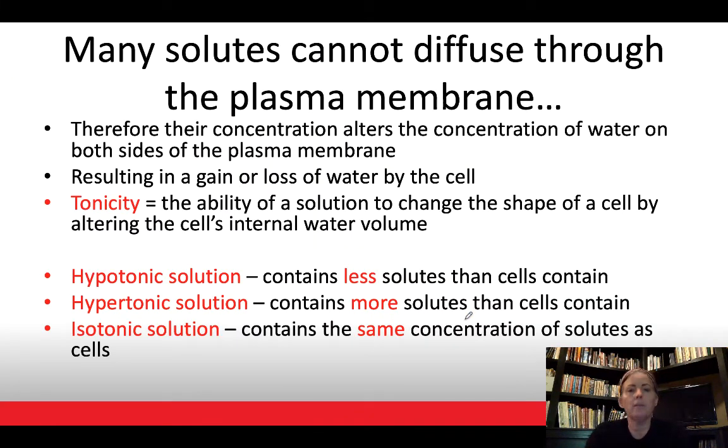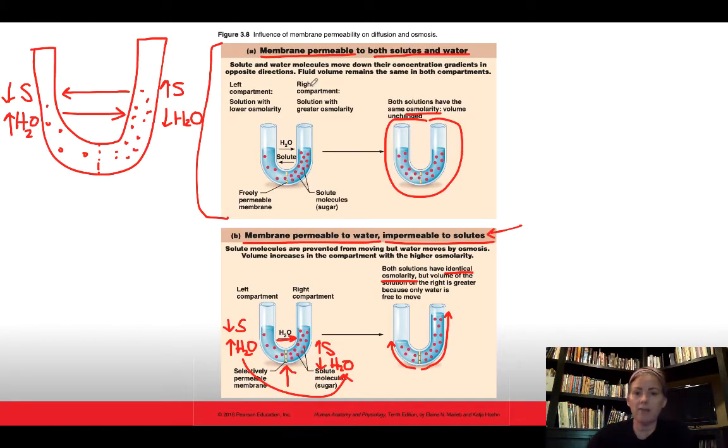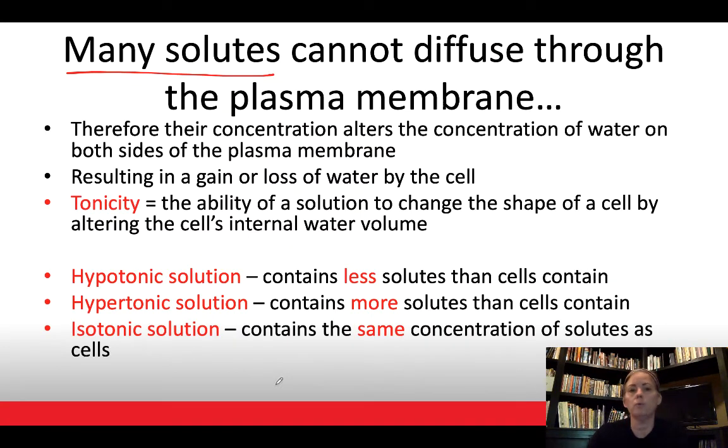Okay, so what ends up happening with most examples of our plasma membrane in our body is that there are a lot of solutes that cannot diffuse freely through the plasma membrane. So when we look at cells, a lot of times what we have happen is this scenario here, where our plasma membrane is selectively permeable and water is going to have access to flow in and out, but a lot of solutes won't.